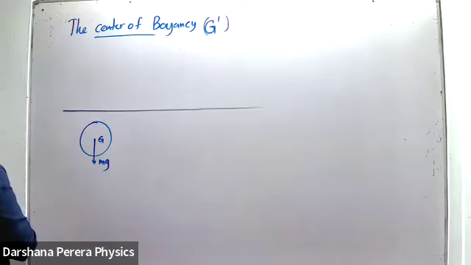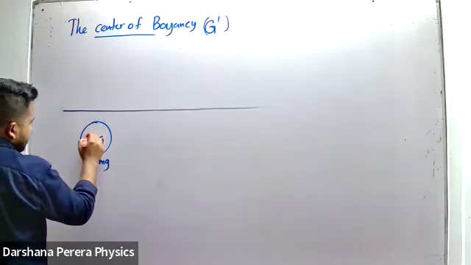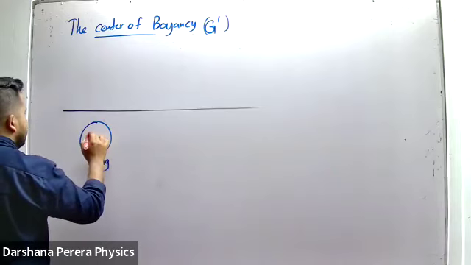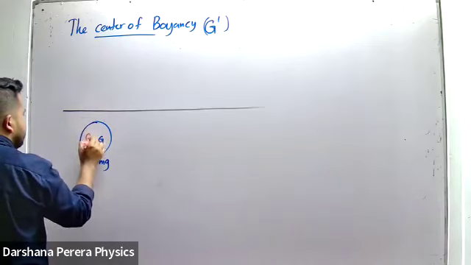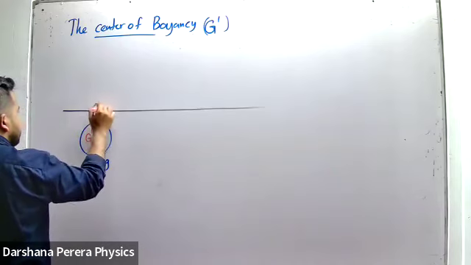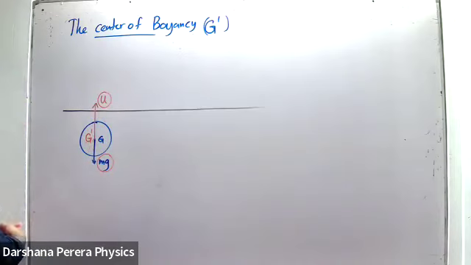Then the center of buoyancy also acts from it. It is G dash. Okay. Mg and U. There are two external forces.